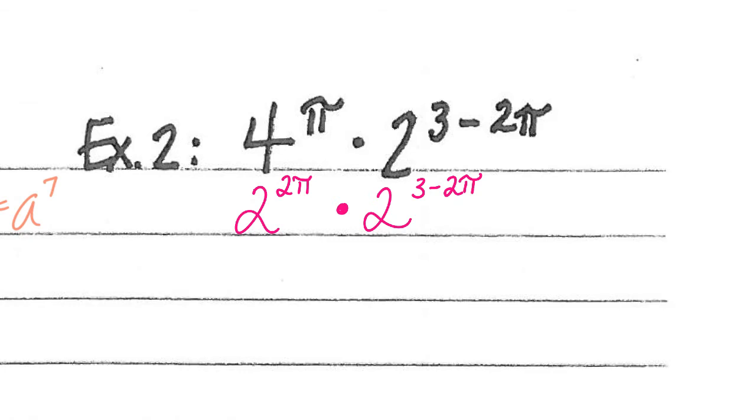Let's go back to the basics. When I multiply, I'm going to add. So this is literally saying 2 pi plus 3 minus 2 pi. Most of you have already figured this out in your noggin, that you could go ahead and get rid of the 2 pi minus 2 pi. So my answer is 2 to the 3rd, which is 8.